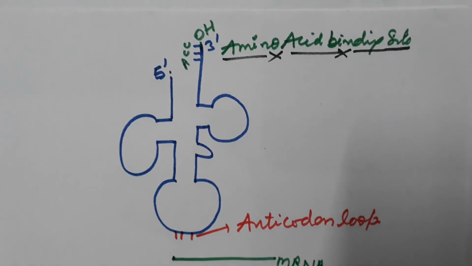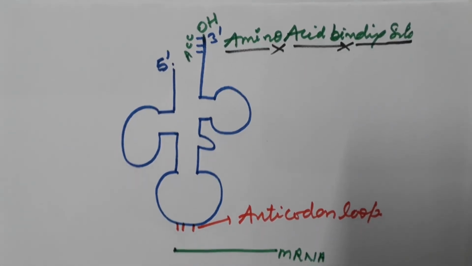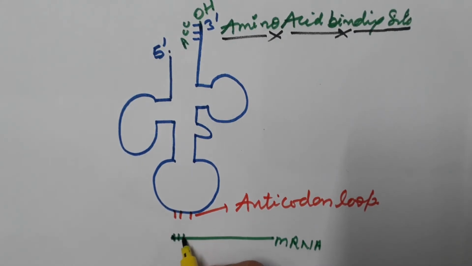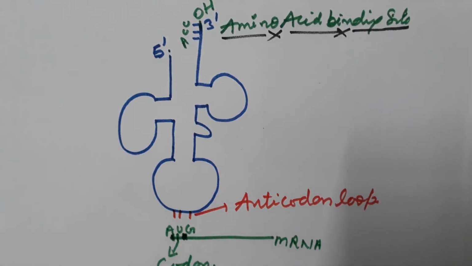What is present on the messenger RNA? It consists of codons. AUG codons are present on the messenger RNA.